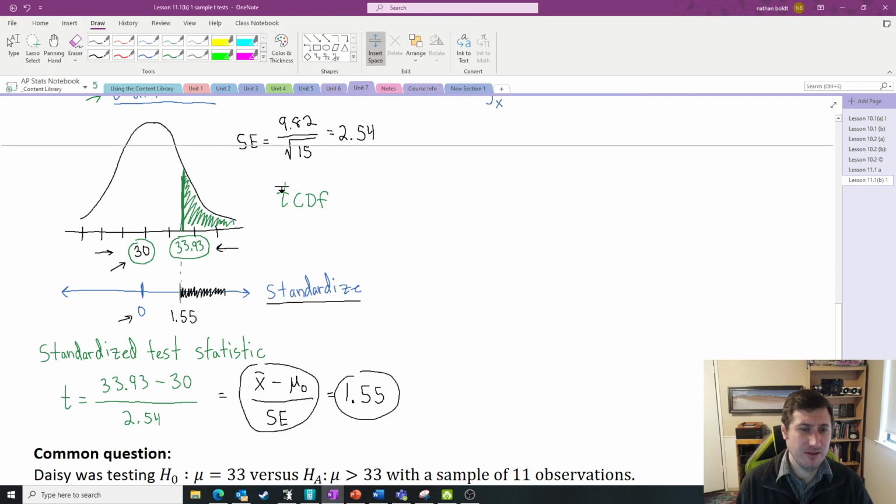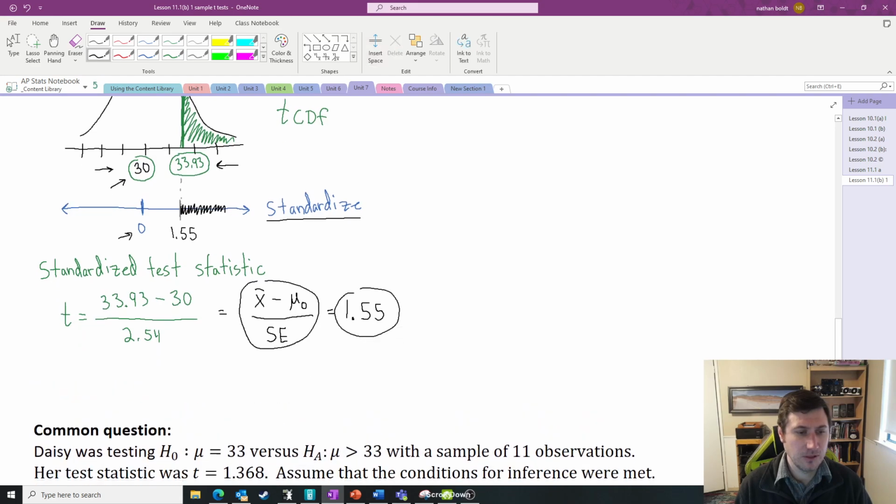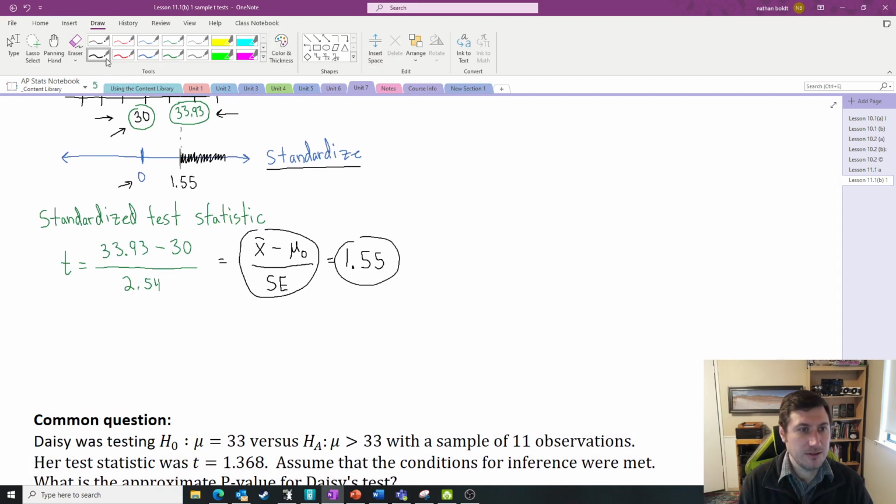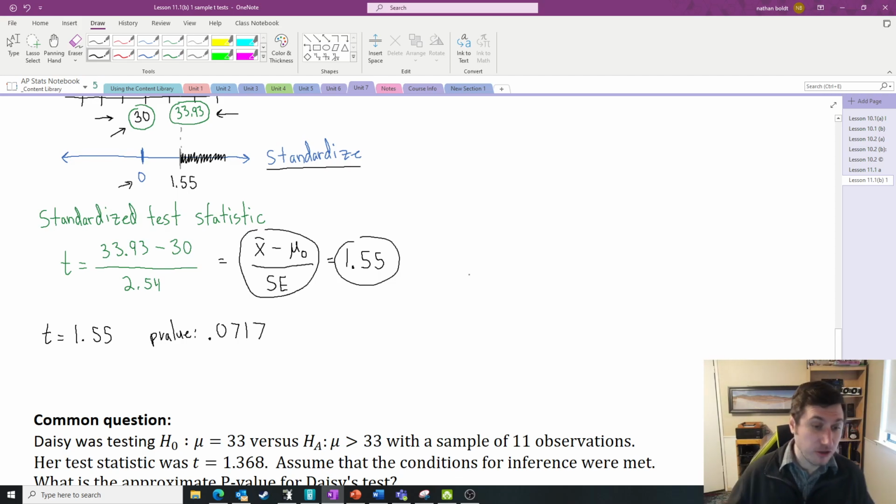That number should sound a little familiar, right? So again, the two things we just found, the standardized test statistic gives us a p-value of 0.0717, which we can then make our conclusion off of, right?